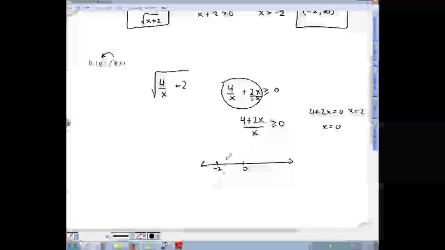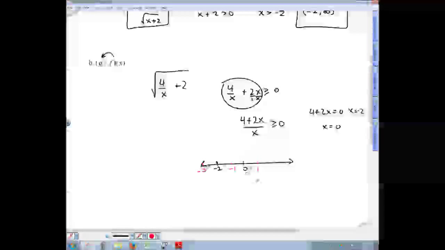So once you've found and plotted your critical values on your number line, the next step was to choose test values in each of these three intervals. We have this interval to the left of negative 2, so I'm going to choose a test value of negative 3. We have this interval between negative 2 and 0, so I'm going to choose a test value of negative 1. And we have this interval to the right of 0, so I'm going to choose a test value of positive 1.